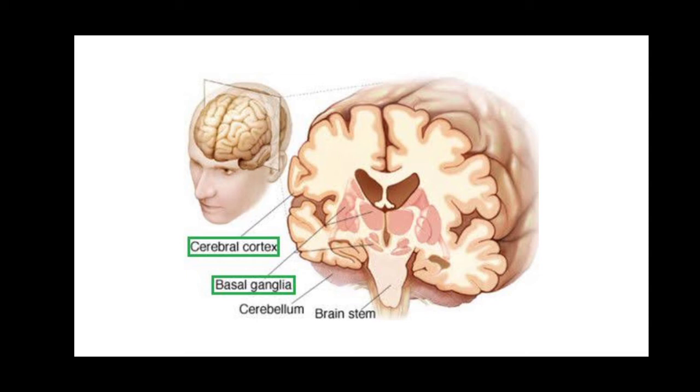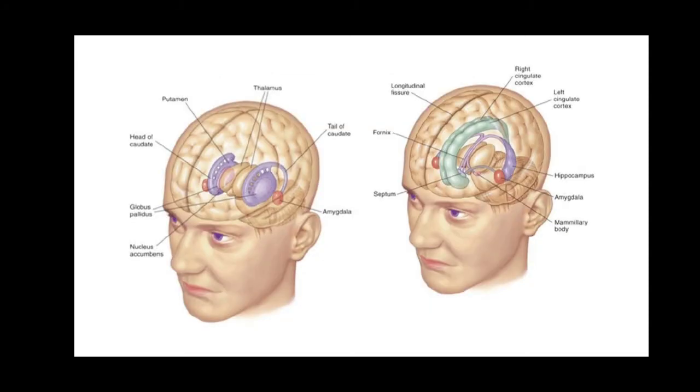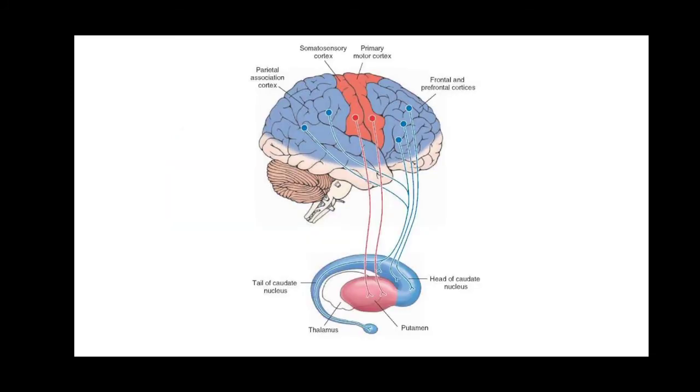And it is somehow controlling or regulating our motor activities. Whatever processes of movement are going on inside our body, somehow it is responsible for that. To be very specific, this entire portion of the basal ganglia is intercommunicating with different parts of the brain, like the somatic sensory cortex, the primary motor cortex, the frontal cortex, even the parietal lobe.